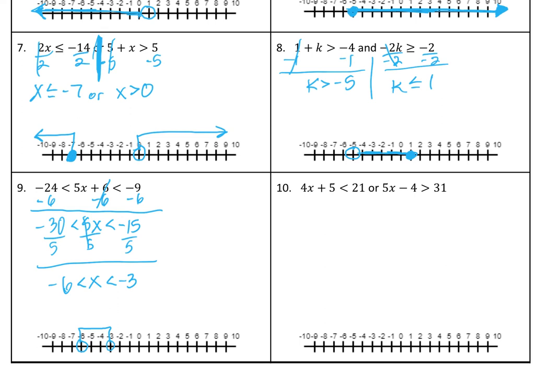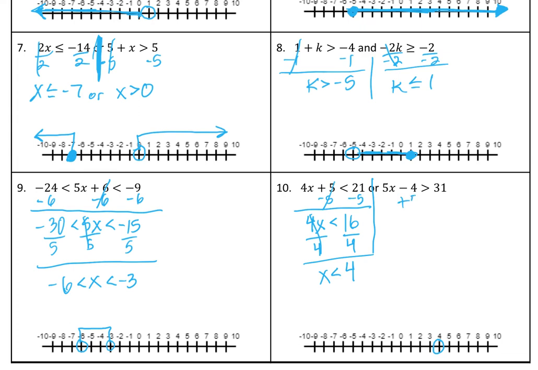10. This is an or, and so we're basically just going to try to keep them completely separate from each other. 21 minus 15 is 16, and then divide by 4. x is less than 4, so open circle. And to the left.